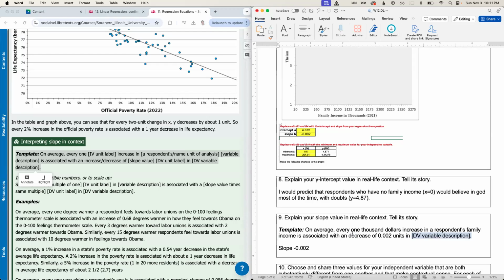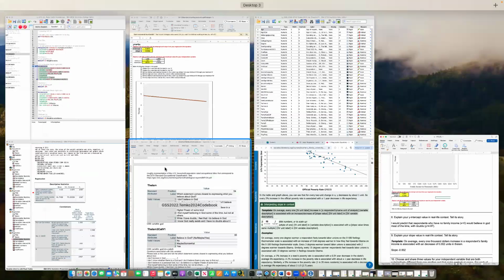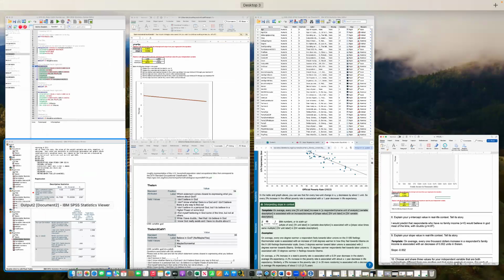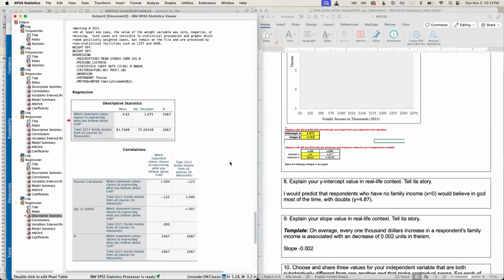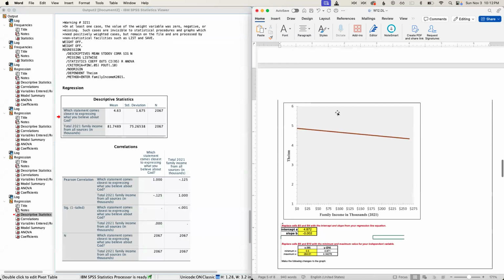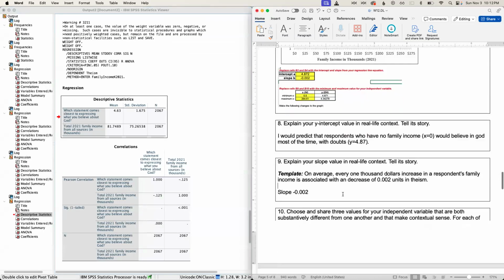in theism. So this is again, not the best thing. If this was something like hours worked, then we could say it decreased this many minutes or this many hours. Because this is this weird one, where did the codebook go? Oh, I can just look right here. It was the 1 to 6 scale, right? Then it's a little bit harder to understand this.